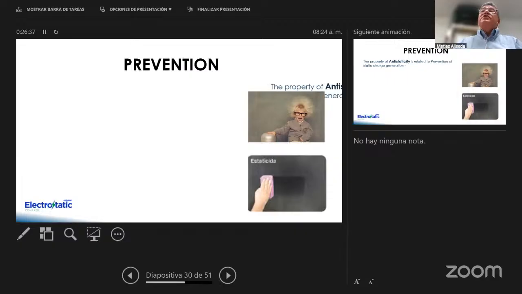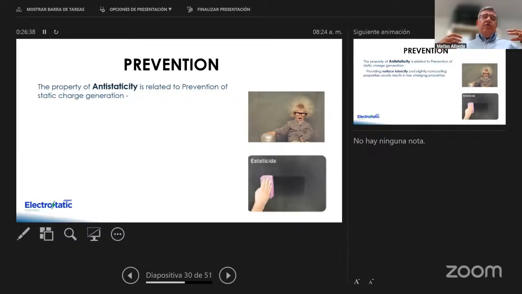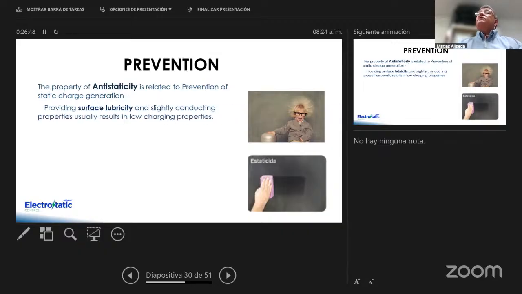Now, prevention. There are words that give me tickles. I don't really like the word anti-static. Anti-static is not about not making charge; that property applies more to insulators, to plastics.